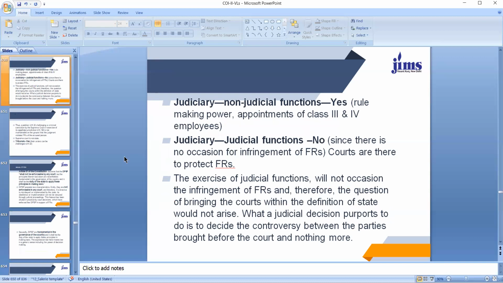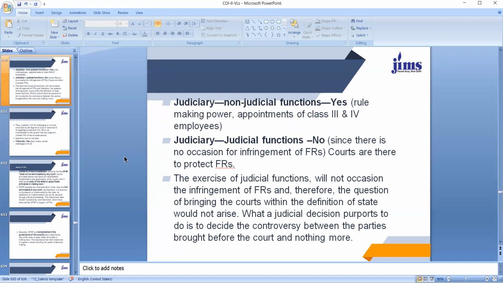What about judiciary? Judiciary as a whole, whether they are within the definition of state or not. You know the hierarchy of courts in India, starting from Civil Judge Junior Division to Civil Judge Senior Division, then additional district judges, then district judges and High Court and Supreme Court.